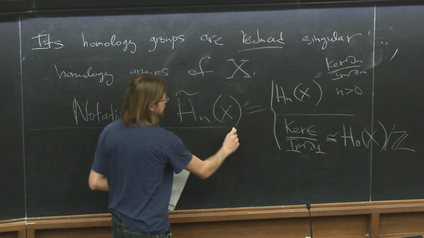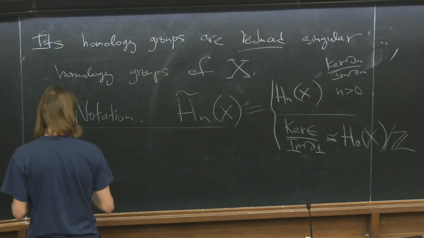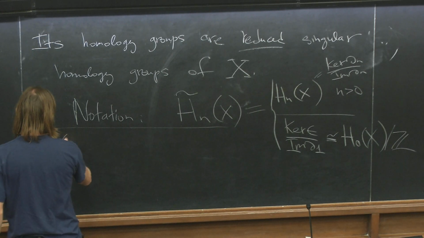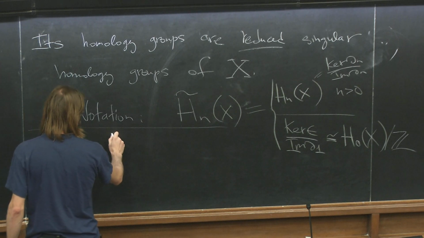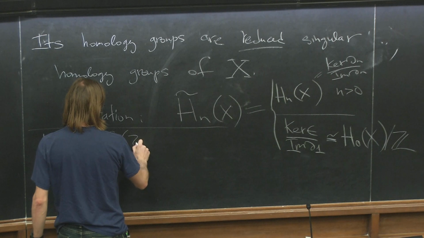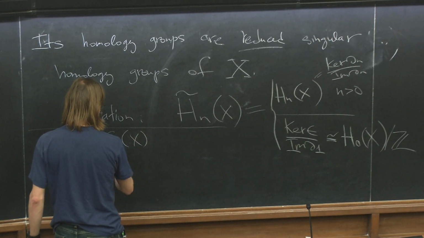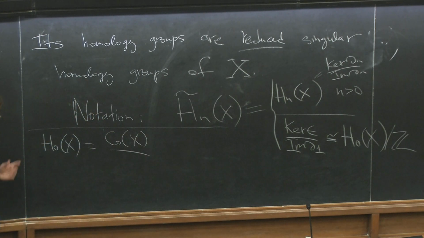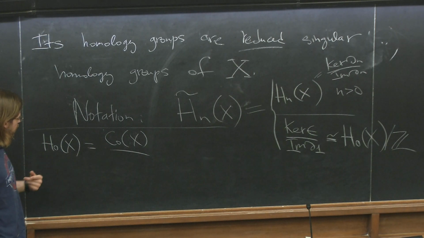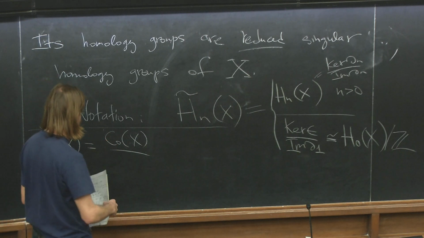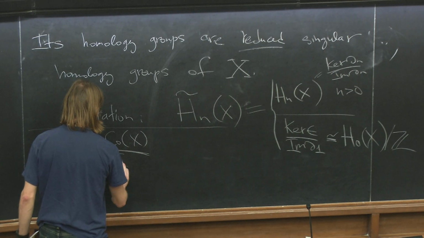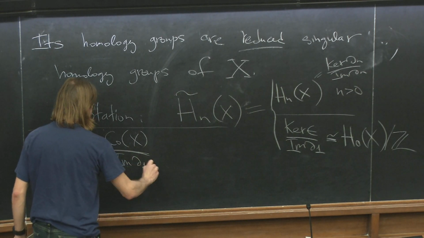So how can one see this? Well, what was the unreduced homology group H_0 of X? This was just the whole C_0 of X, on which in the non-augmented chain complex, d_0 was 0. So the kernel was just the whole space C_0, and we divided by the image of d_1.